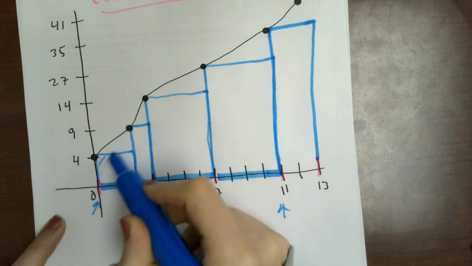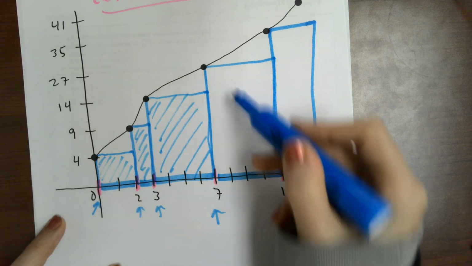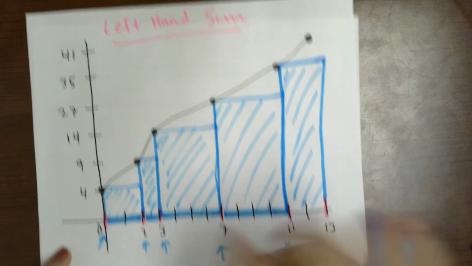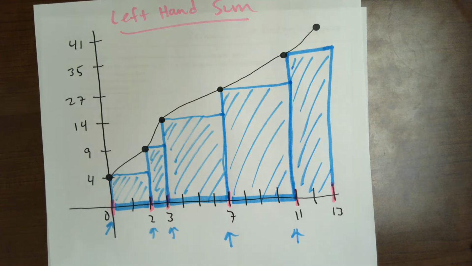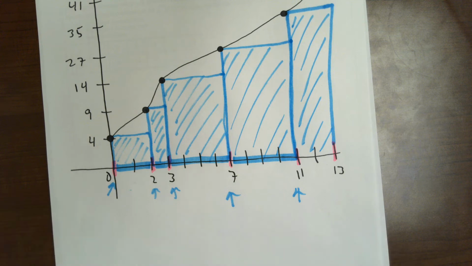So guys, it is the area of each of these rectangles added up that gives us a left-hand sum approximation. And the more rectangles you use, the more accurate your estimate is going to be. Now, we just have to find the area of each rectangle.